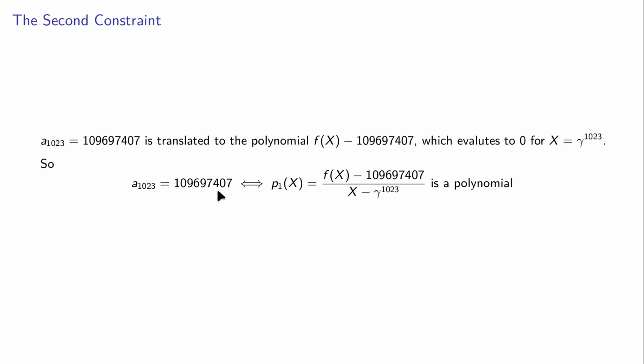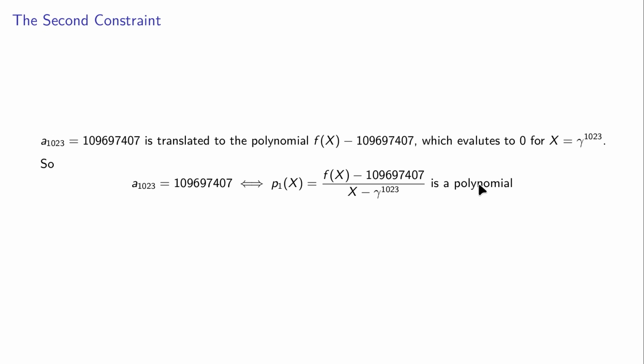So what we obtain is that this condition is equivalent to saying that the fraction that we obtain by taking f of x minus this value divided by x minus gamma to the power 1023, that this division results in a polynomial.